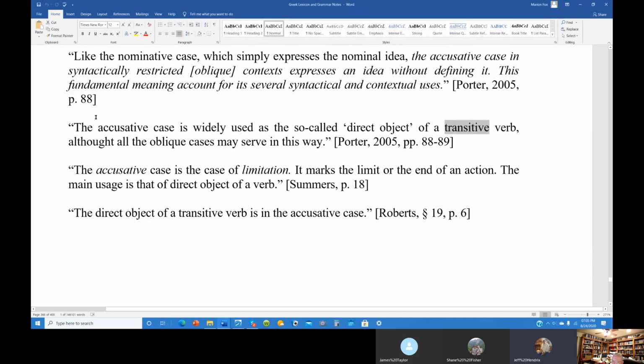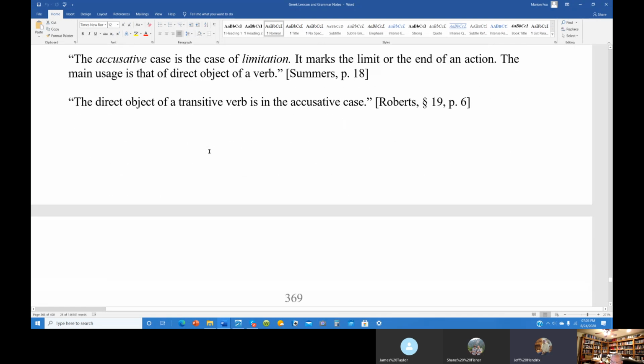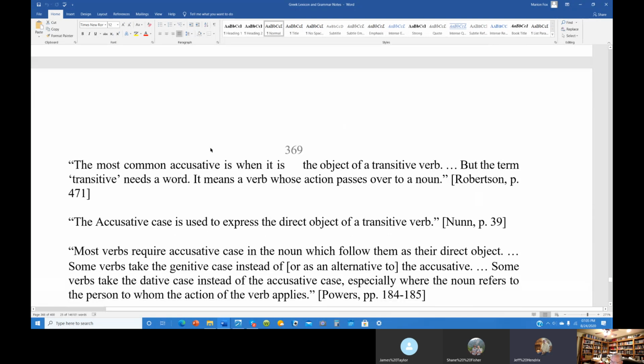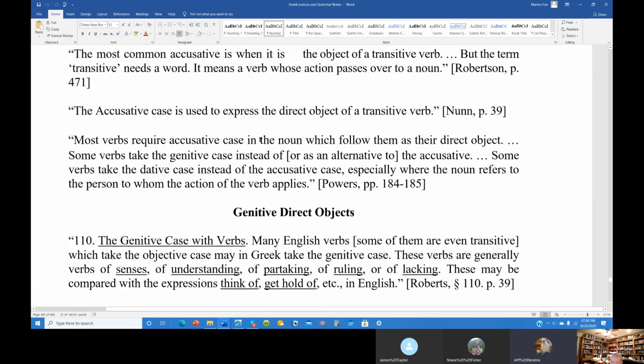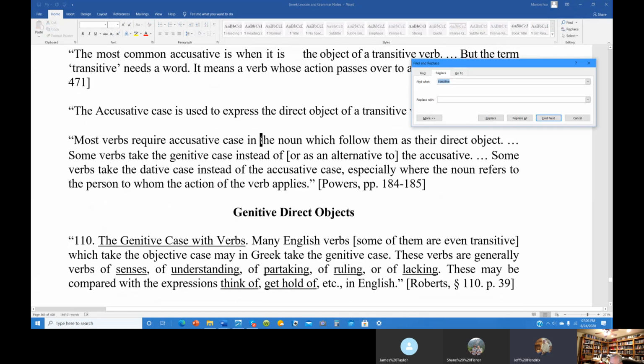The accusative case is used as the so-called direct object of a transitive verb, although all the oblique cases may serve in this way. Let me see here. I want to get transitive verbs.